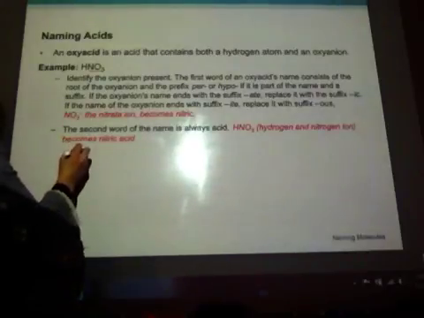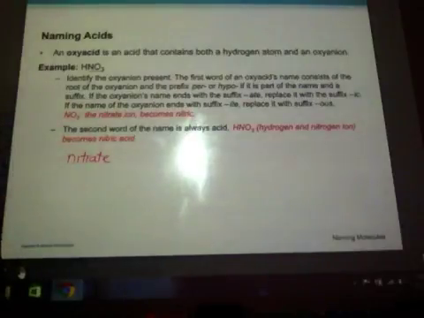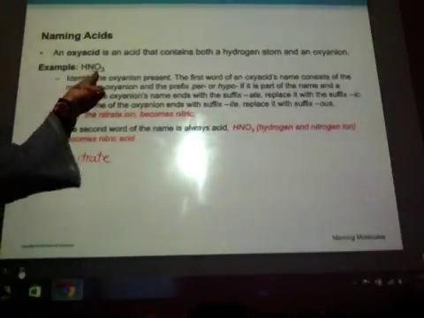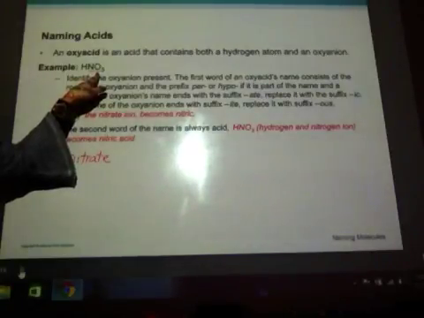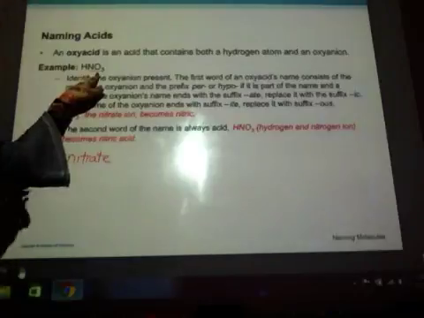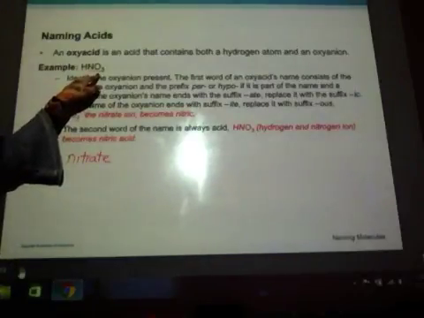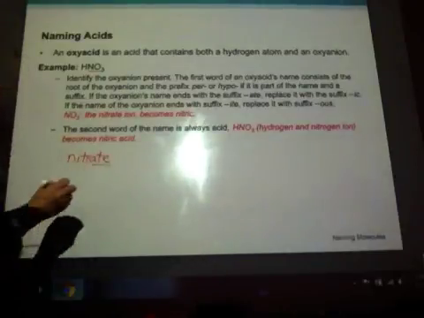Nitrate. So are we going to have to memorize whether it's a nitrate or nitrite? Nope, because this is on that cheat sheet that you already have. NO3 is on your polyatomic cheat sheet. So we can use that on the test? You can use that on the test. The new one that I gave you, not the one with the acids at the top. So NO3 is nitrate. It ends with ate.